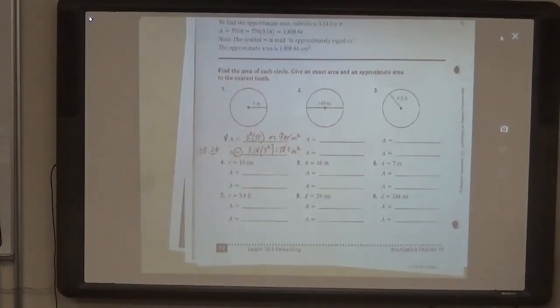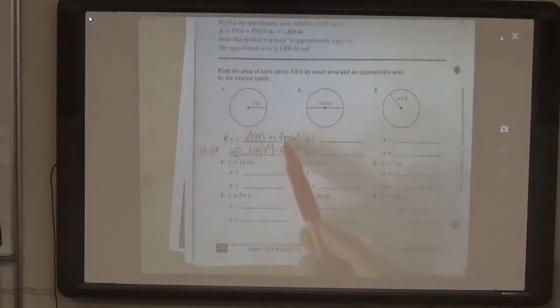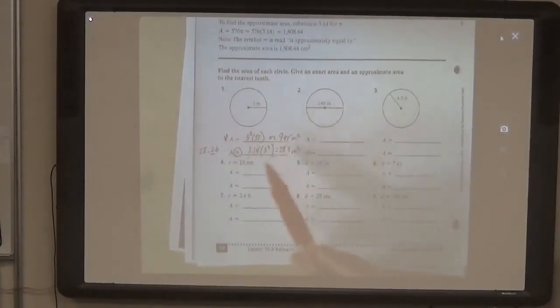Okay, that has an x in it. Is that an answer? Yeah, that shows what y equals. This shows what the area equals, but it's the most exact way to write it because we can't write it as an exact answer.